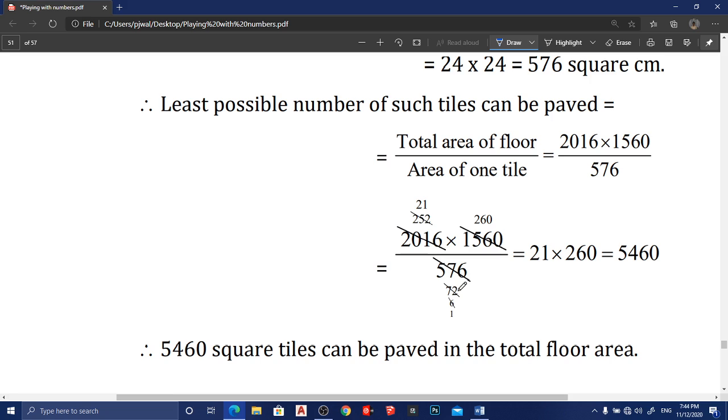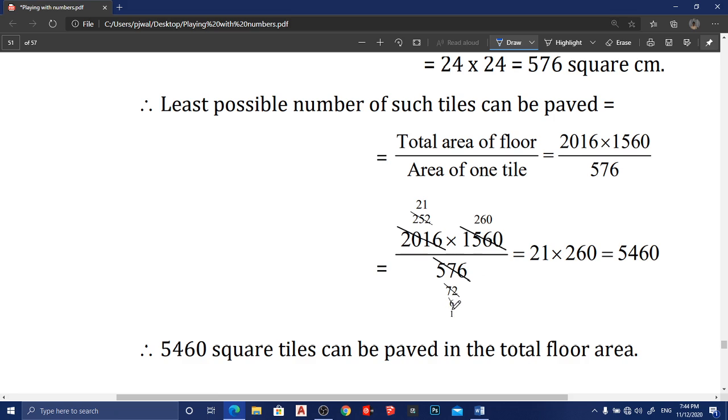Next 12 table, 12 6s 72 directly. Here 12 2s 24 in 25, 1 will be the remainder, 12, 12 1s 12. This is over. Next 6 will be there here, 6 1s 6.